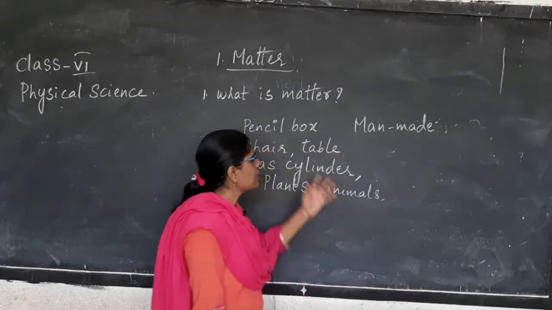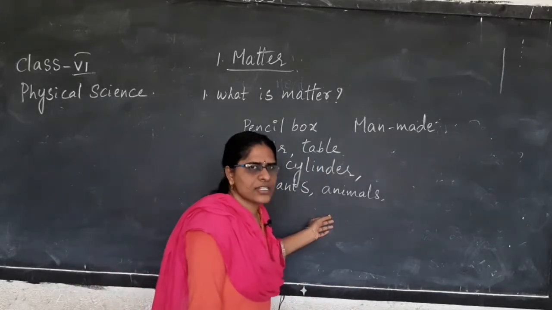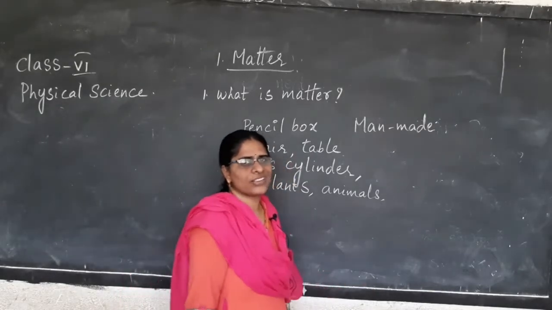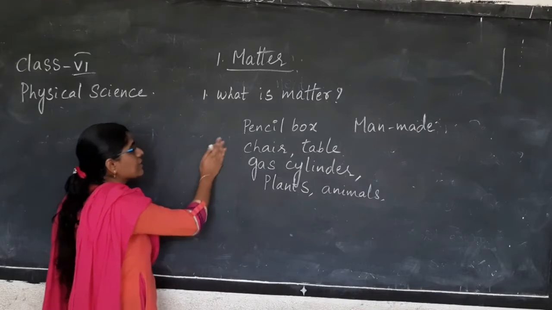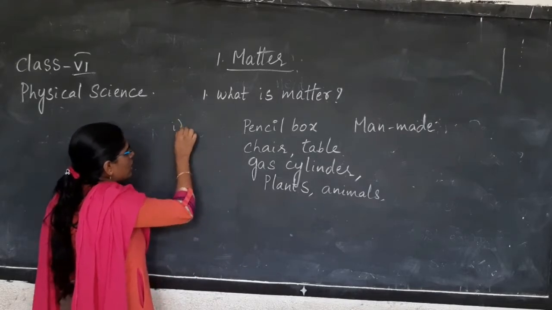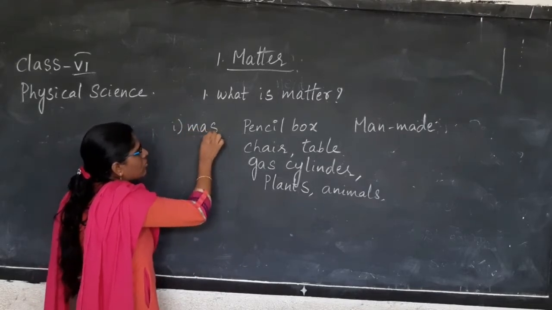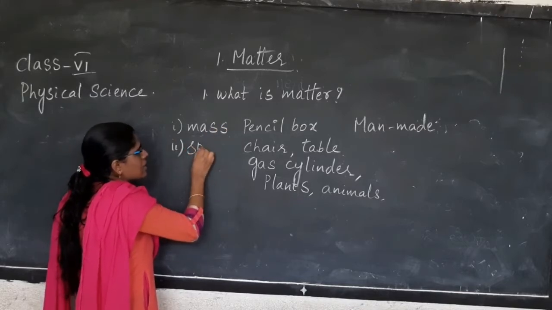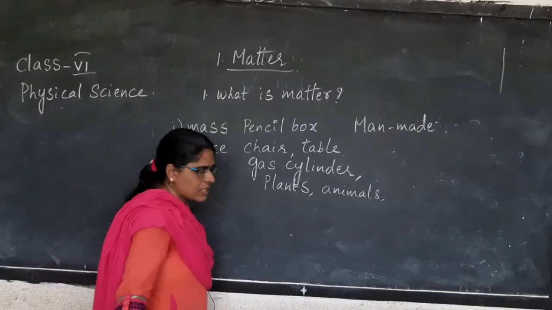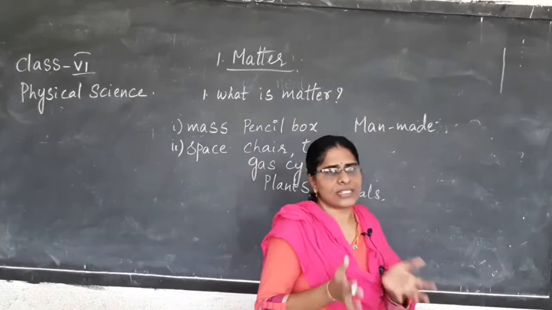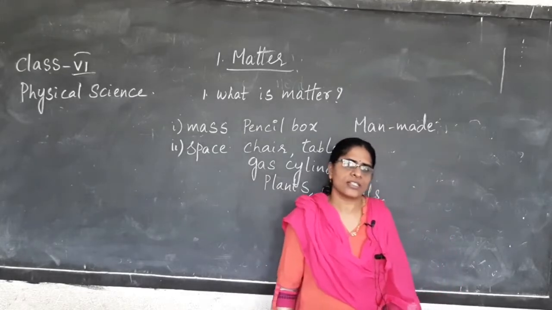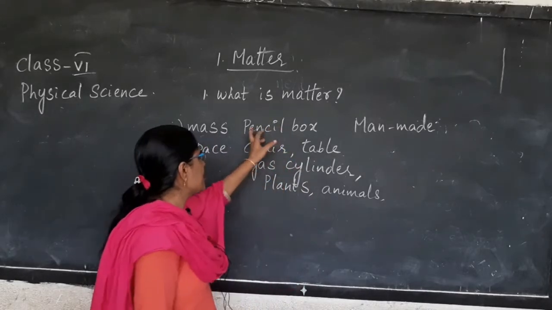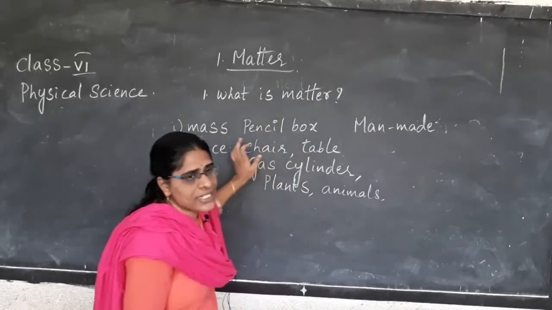Now here, all these things, either living or non-living, have certain things. First one is, we will learn mass. Second thing is space. Space means the place, how much place an object is occupying. Mass means, let us take an example of your pencil box.